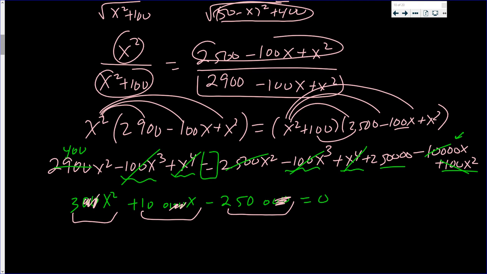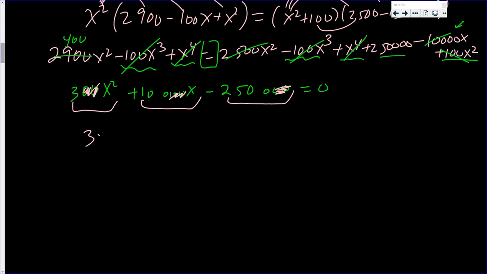So we have 3x squared plus 100x minus 2500. Okay, so let's see if we can factor this.